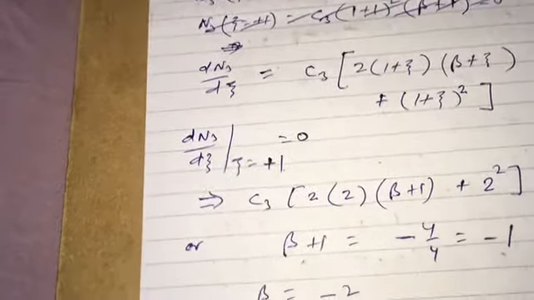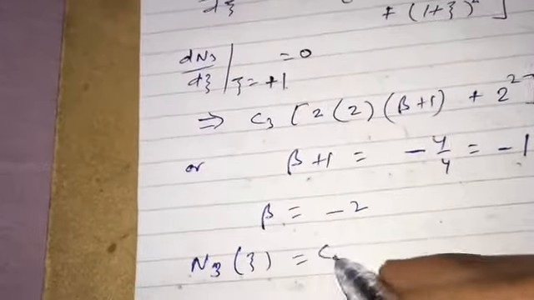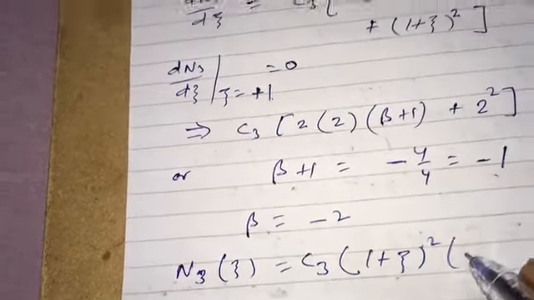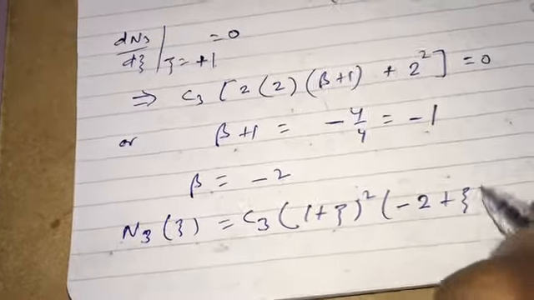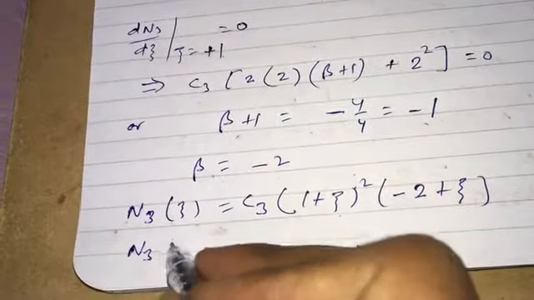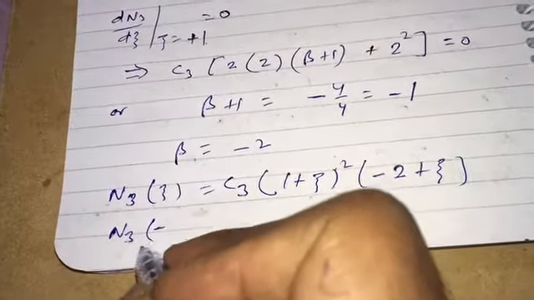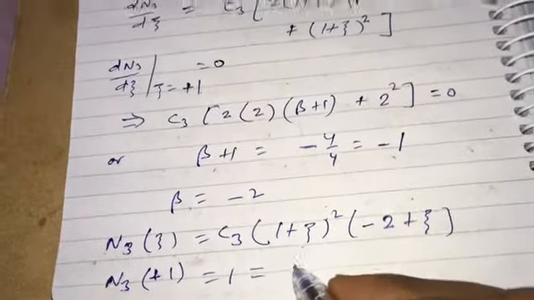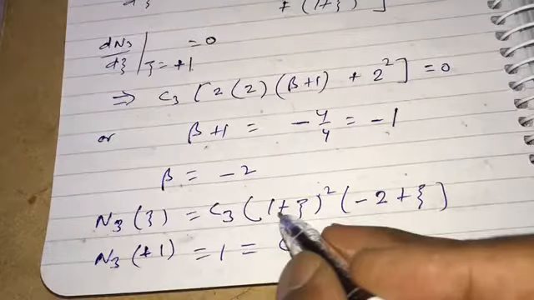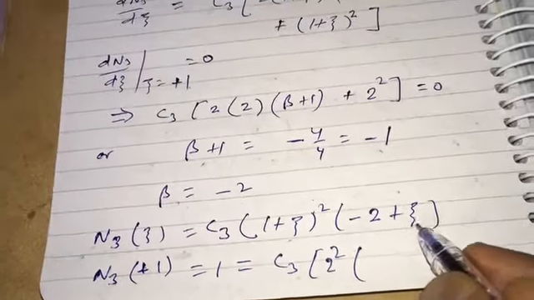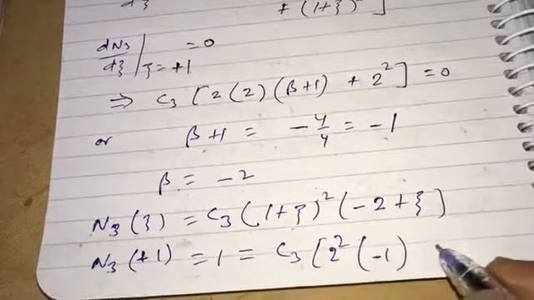Hence N3 xi becomes equal to C3 times 1 plus xi square, then minus 2 plus xi. Okay. Now we have to find out the value of C3. We have to know that N3 at plus 1 has to be equal to 1. So C3, and then we have 2 to the power 2, and here the value is 1, so this becomes minus 1.